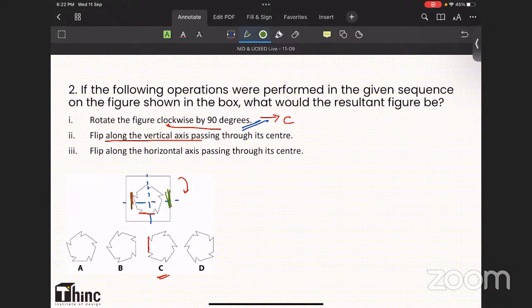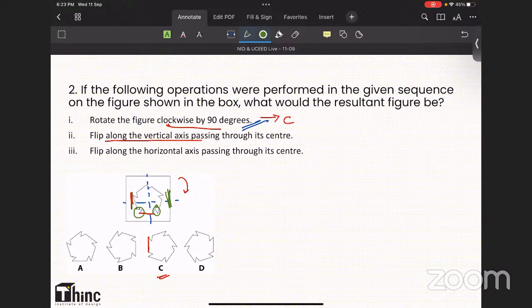Now you can look at options B and D for the same. What will be the result after flipping along the vertical axis? That is what we are going to look at now. So option B or D. See this portion. This portion should go to the left side, and this portion should go to the right side.